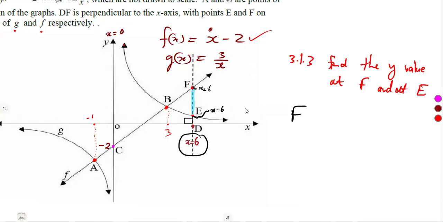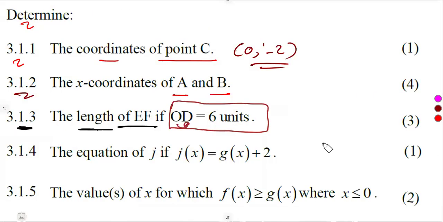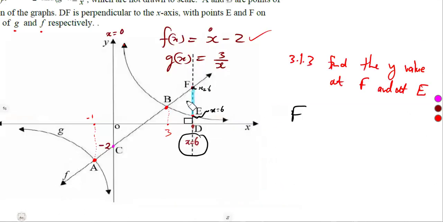F lies where? F lies on this straight line, f of x. All right? That is what is happening here. So F is found on f of x. Remember, that's y is equal to x minus 2.